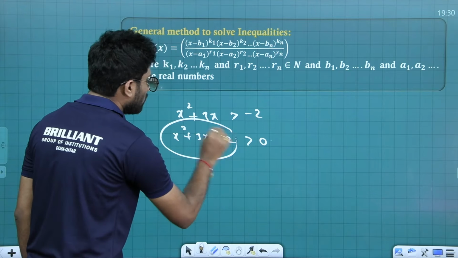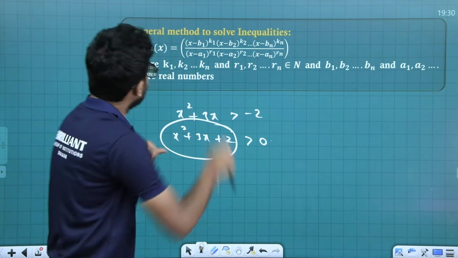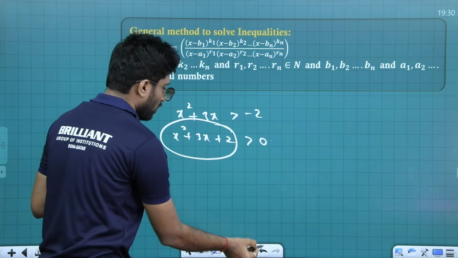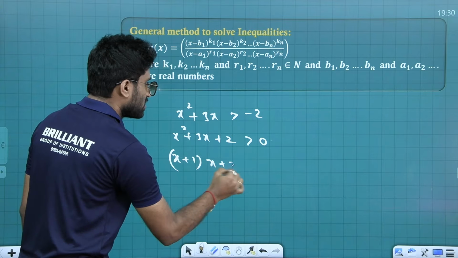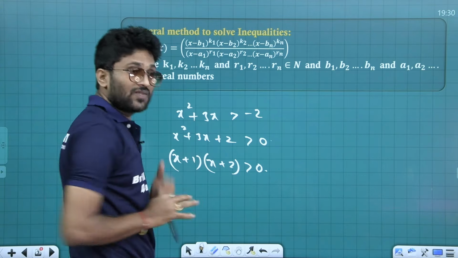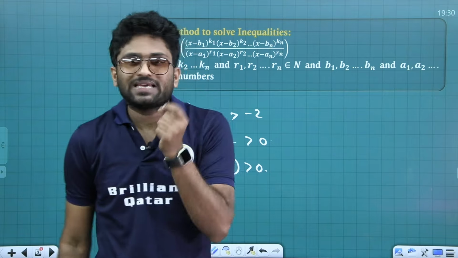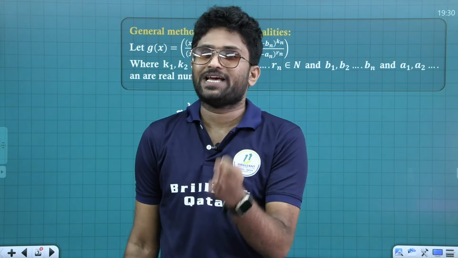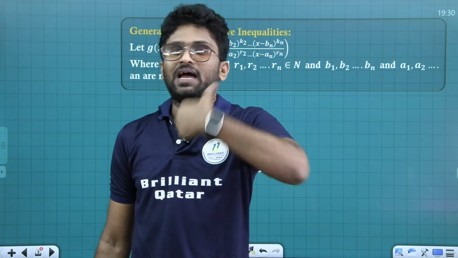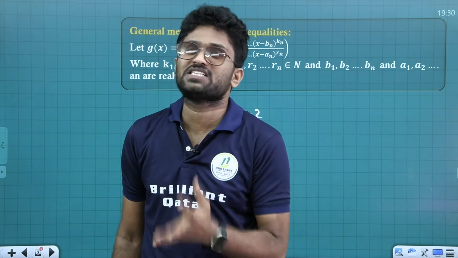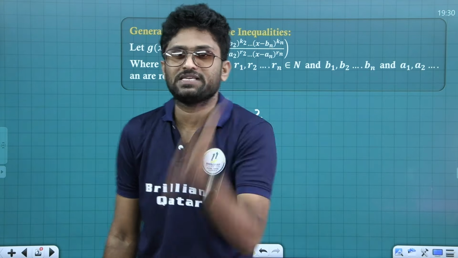Now this has to be factorized. I can factorize this as x plus 1 times x plus 2 greater than 0. The primary thing is that whatever inequality expression they have given has to be factorized, and the right hand side should be only 0.